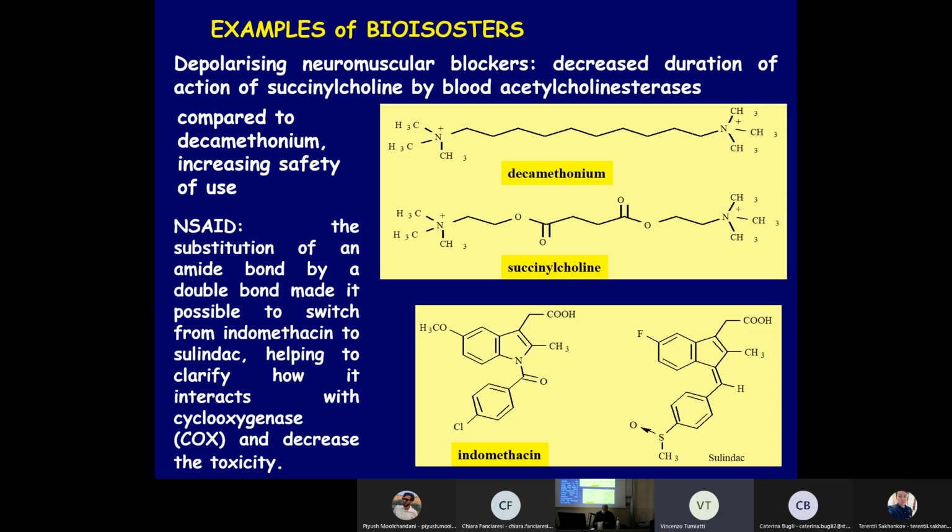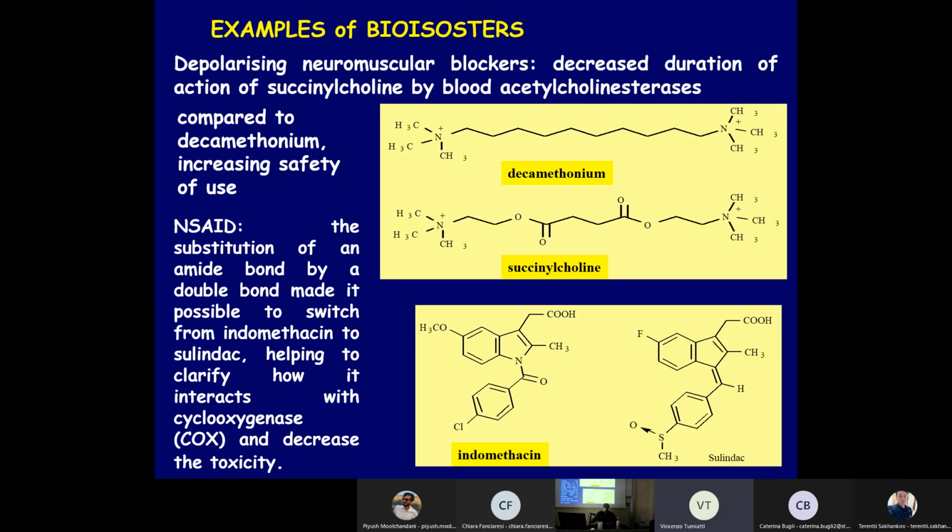The problem of decamethonium is that this molecule is metabolized very slowly. So after the surgery, you remain a lot of hours on the bed without forces, with a problem with the intestine muscle movements. And so the scientists tried to decrease the half-life of this compound.